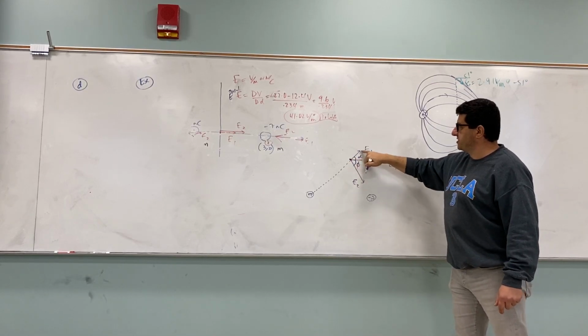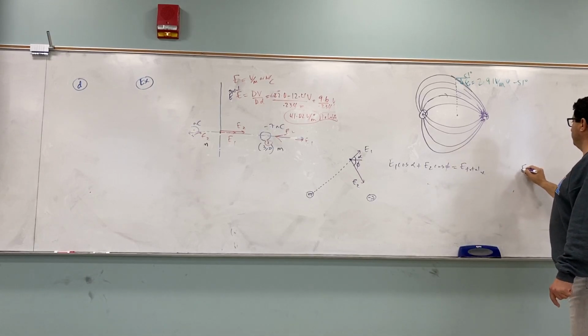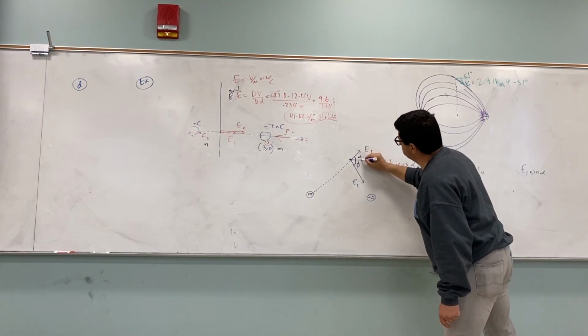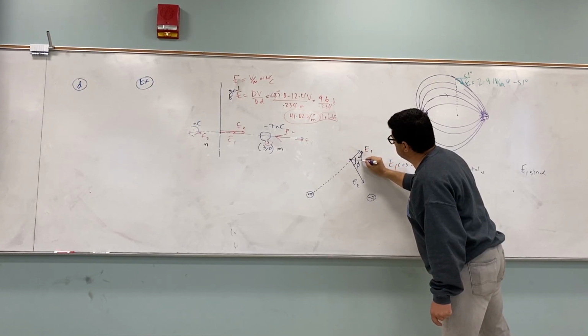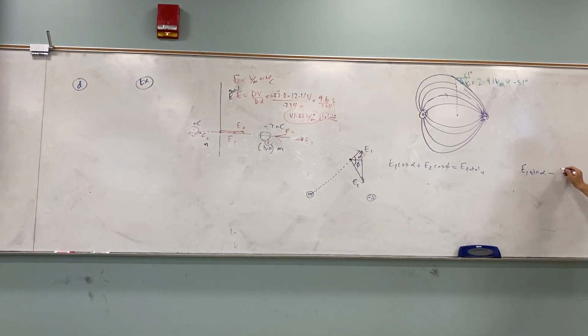Those are their x components, and their x components will add up. And then E1 sine of alpha, the vertical component, and the vertical of that, they will cancel. Minus E2 sine of phi is E total Y. Okay?